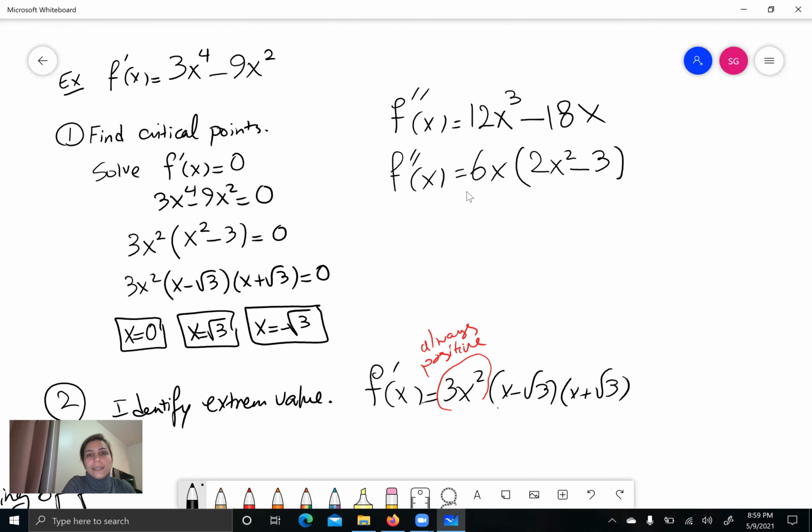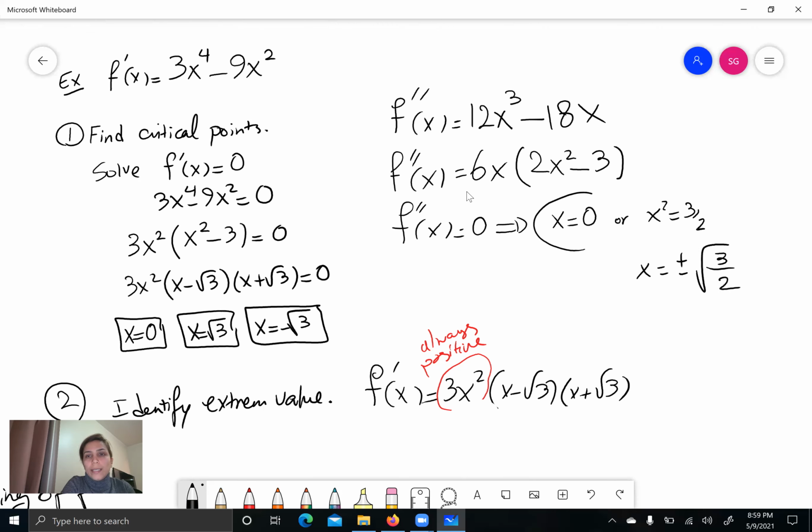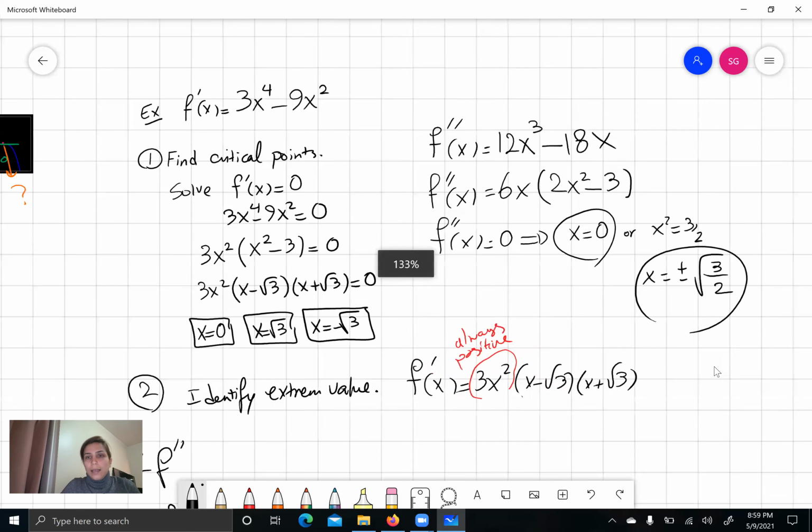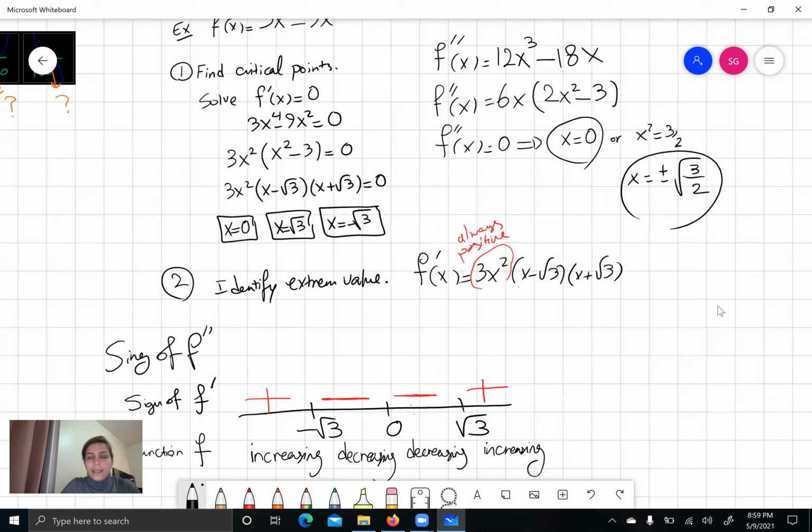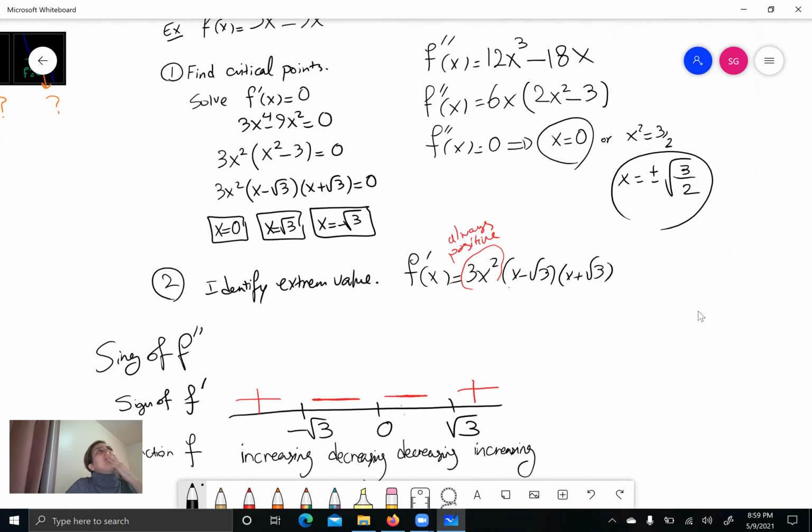When we set this equal to 0, we get either x is 0 or x squared is 3 over 2. In other words, x is positive or negative square root of 3 over 2. So these are the zeros of the second derivative, right?